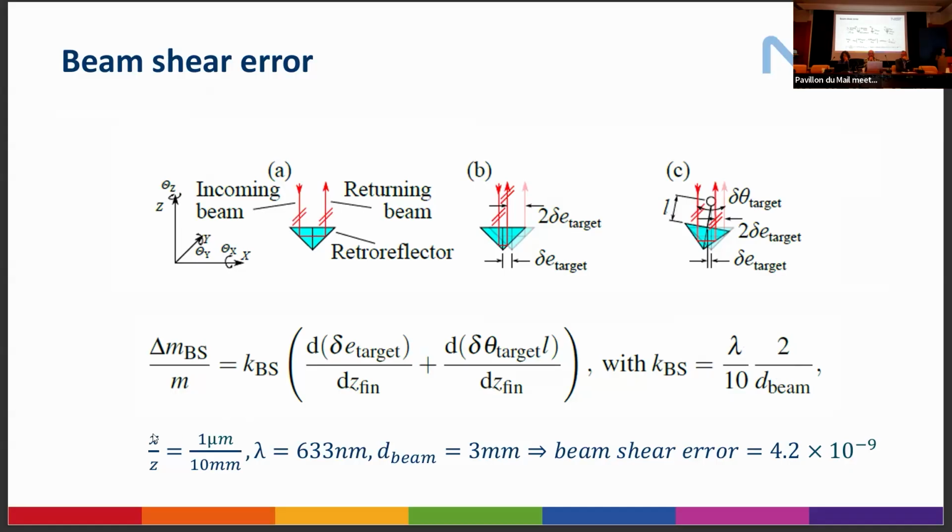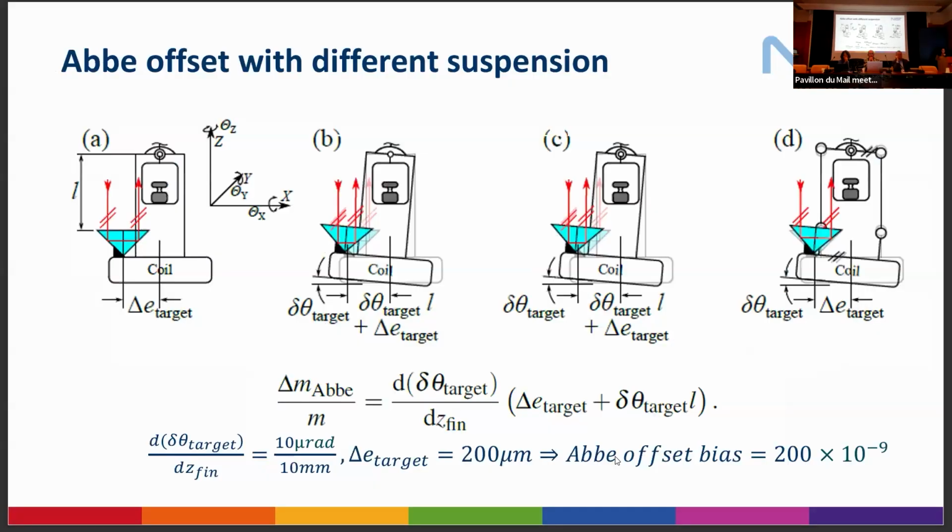As an example, say again your optical target is moving because your guiding mechanism is moving this way, 1 micrometer over 10 millimeter, and you use a red laser with a beam diameter of 3 millimeter. The beam shear error is 4.2 ppb. So you have to consider that when you have motion of your optical target. You also have to consider the Abbe offset, which is a misalignment between your mechanical axis and your optical target.